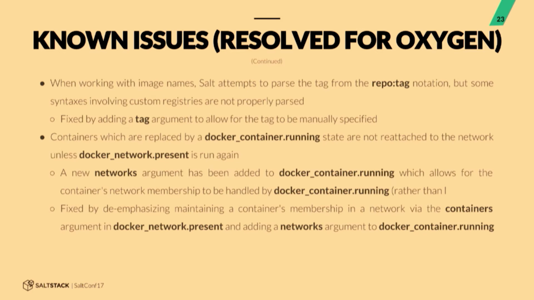But in certain cases where people are running their own custom registries, the parsing logic doesn't work properly for those, just because there's extra colons and extra slashes. I don't think there's extra slashes, but it makes it a lot more difficult to parse.